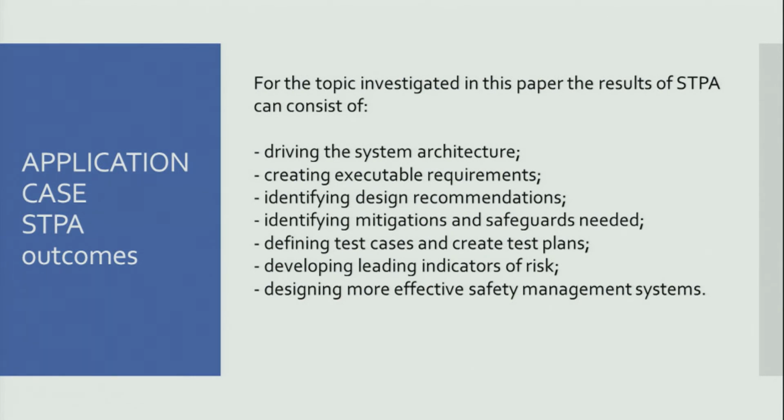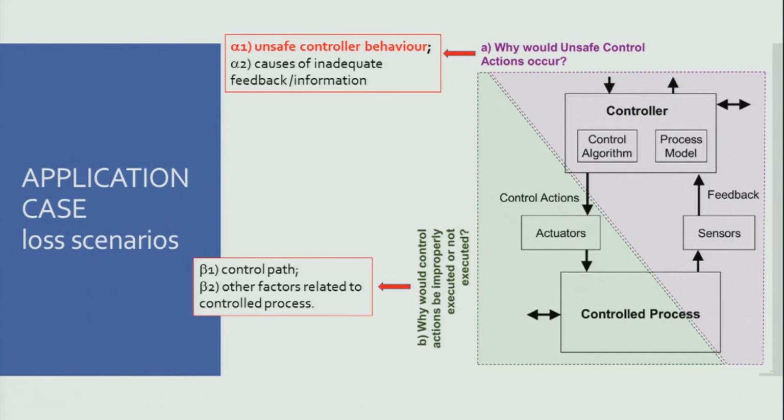Whatever you are willing to obtain as an outcome from STPA, you now need to define the loss scenario. So you need to understand why the unsafe control action has happened, why the automation system has shut down the diesel generator in such a difficult situation.